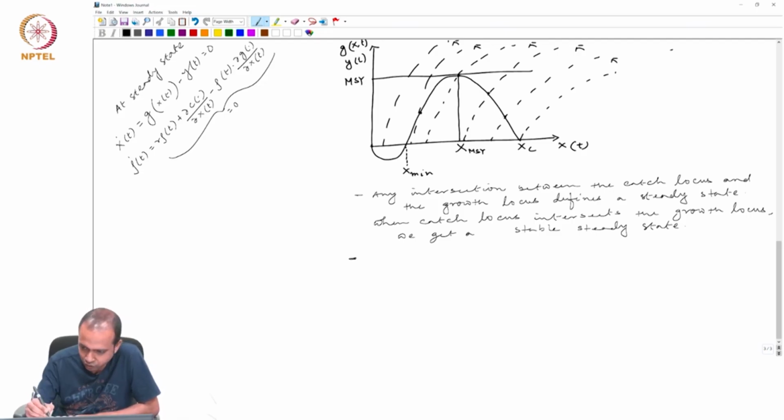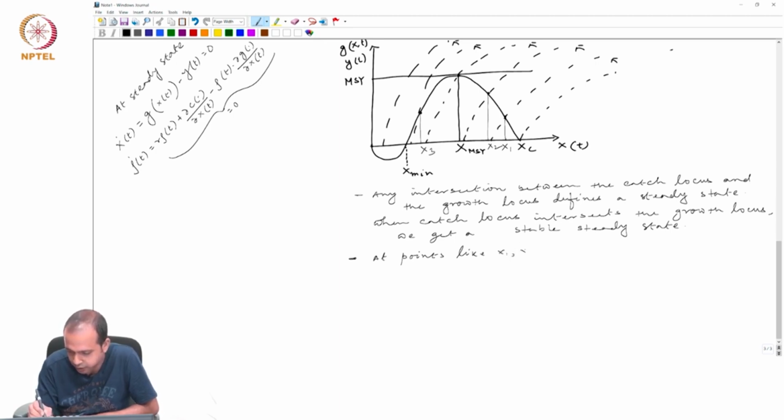Let us say that for all these intersections, this is x1, this is x2, then it is x MSY, this is x3, and this is x min. So, at points x1, x2, x3, what happens?